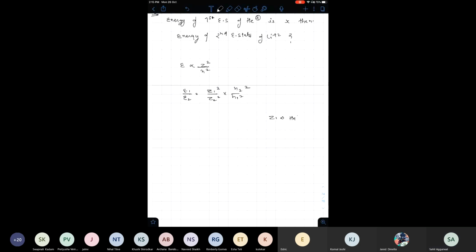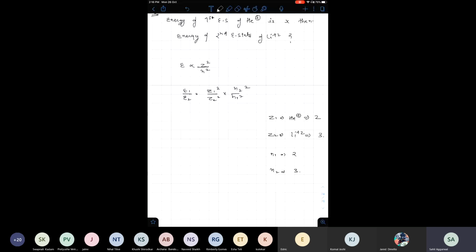Helium. Helium means 2. What is your Z2? Lithium. Lithium means 3. First excited state means n equal to 2. Second excited state means n equal to 3.